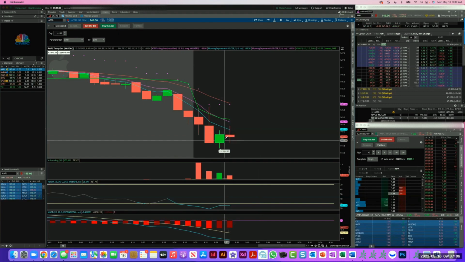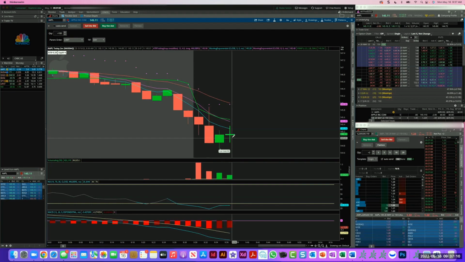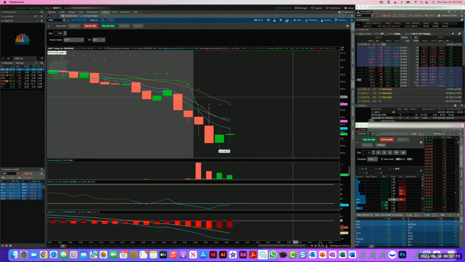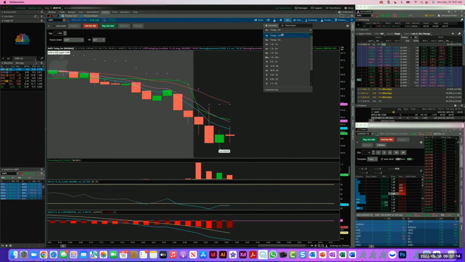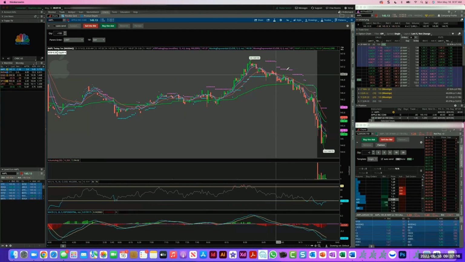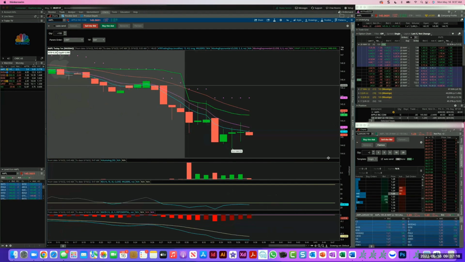But this does signal that we're going to turn. So this spinning top here. I'm on a 2-minute. I'm going to go to a 1-minute chart. Give us a little bit more of an advanced notification.